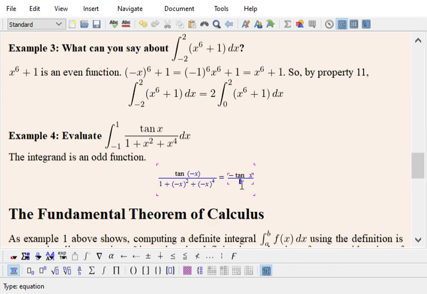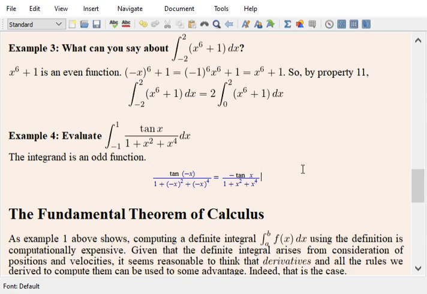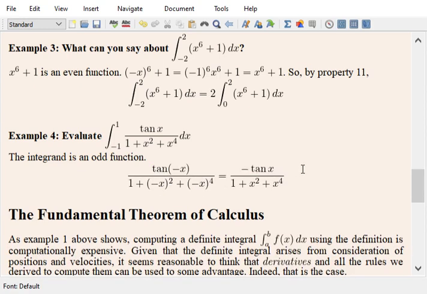So tangent is an odd function, so it spits out that negative sign. As for these down here, well, we have a -1 squared, which is 1, and a -1 to the 4th, which is 1. So the bottom remains unchanged. So the bottom bit alone is an even function, but altogether the whole thing is odd. So indeed, you can see that if we plug in a negative x, we get exactly the same function, just with a negative in front of it.